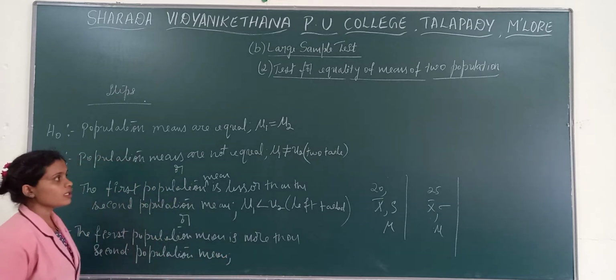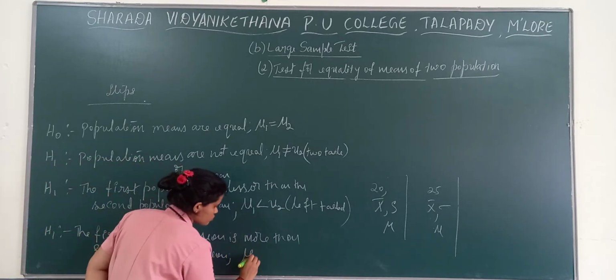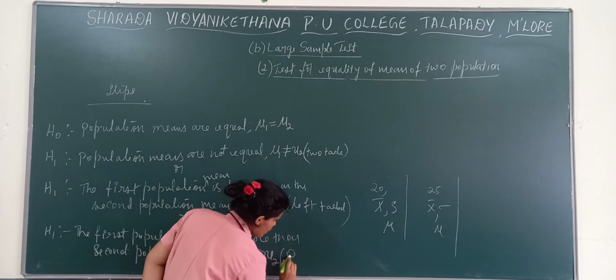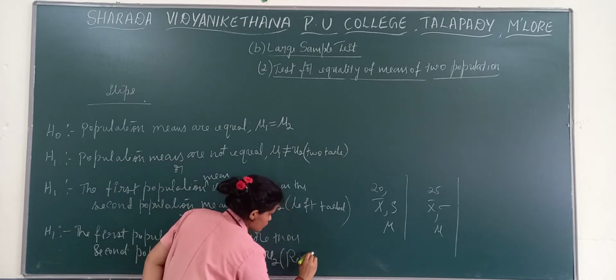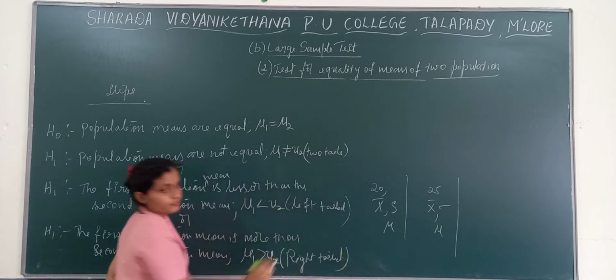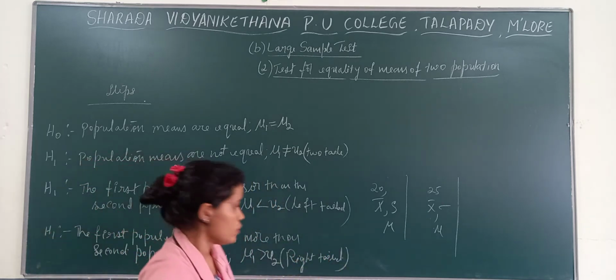So here mu1 is greater than mu2. Then it is right tail. This is all.